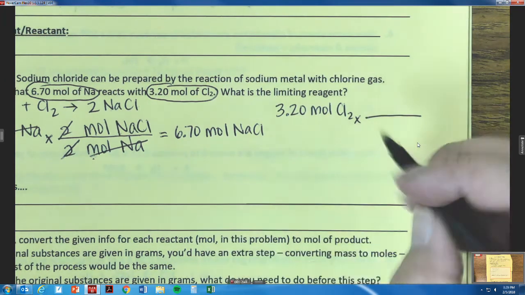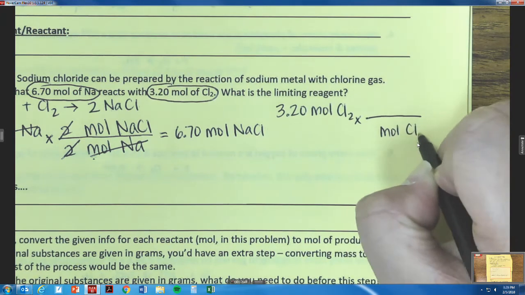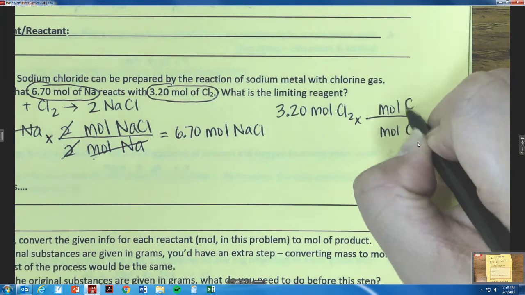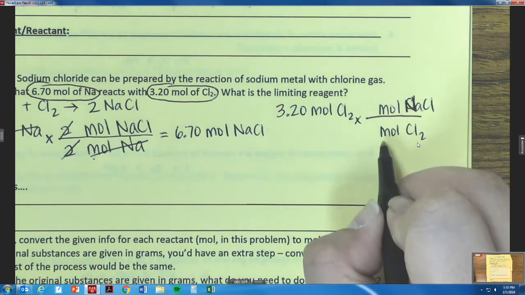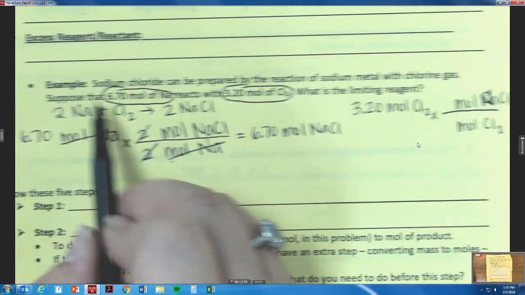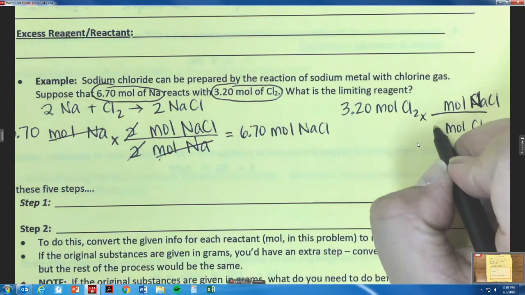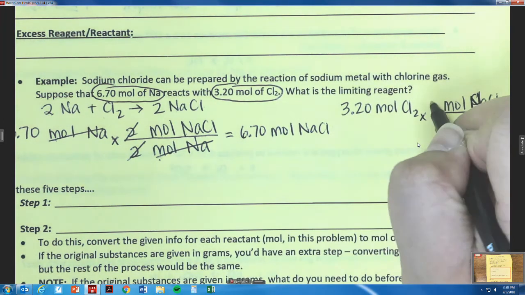So again, it's going to be moles of chlorine over moles of my product, which is NaCl. Our coefficients: chlorine has a coefficient of 1, and NaCl has a coefficient of 2.